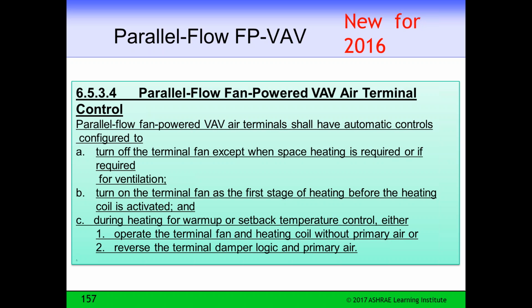Turn on the terminal fan as the first stage of heating before the heating coil is activated. And during heating for warm-up or setback temperature control, either operate the terminal fan and heating coil without primary air or reverse the terminal damper logic and primary air.